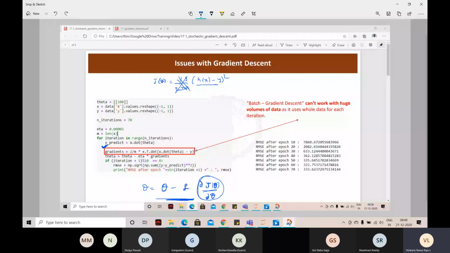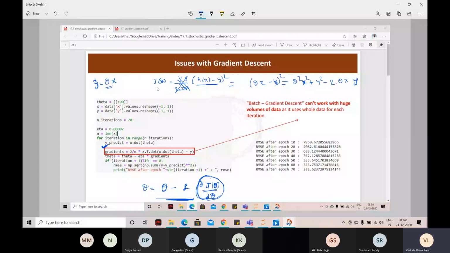Okay. So I said that y cap, or the predicted y, is equal to theta x in the gradient descent algorithm. So I am substituting theta x into h of x: theta x minus y whole square. This is equal to theta square x square plus y square minus 2 theta x y.